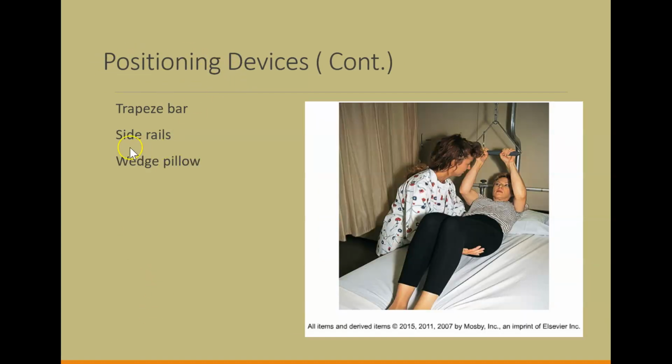There are devices like a trapeze bar where a person can help, like the picture here. Sometimes you may have to have them roll over by grabbing one side rail and then wedge pillows to keep them in that position once you've turned them.